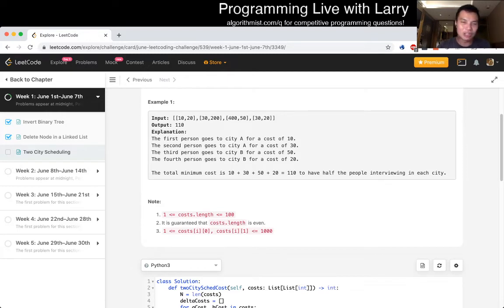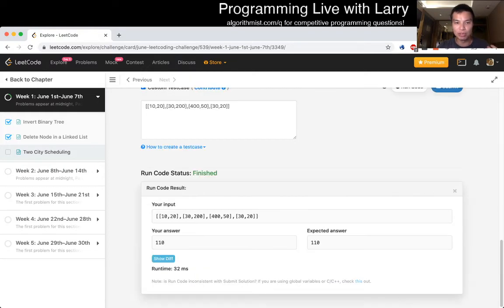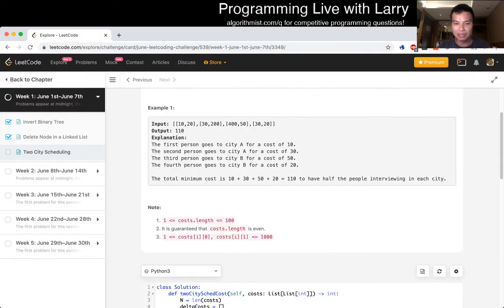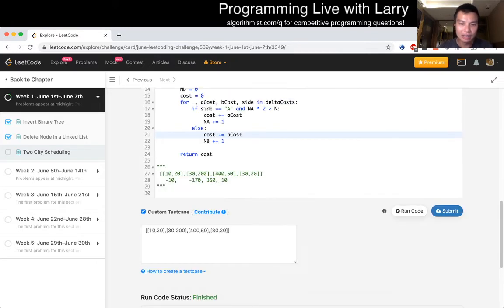The reason why I don't do it is because in Python you don't have to, but definitely in your language I would consider thinking about it. And in this case, the biggest return result would be 100 times 1,000, so it's 100,000, which is less than 2 billion or so. So that's way okay.